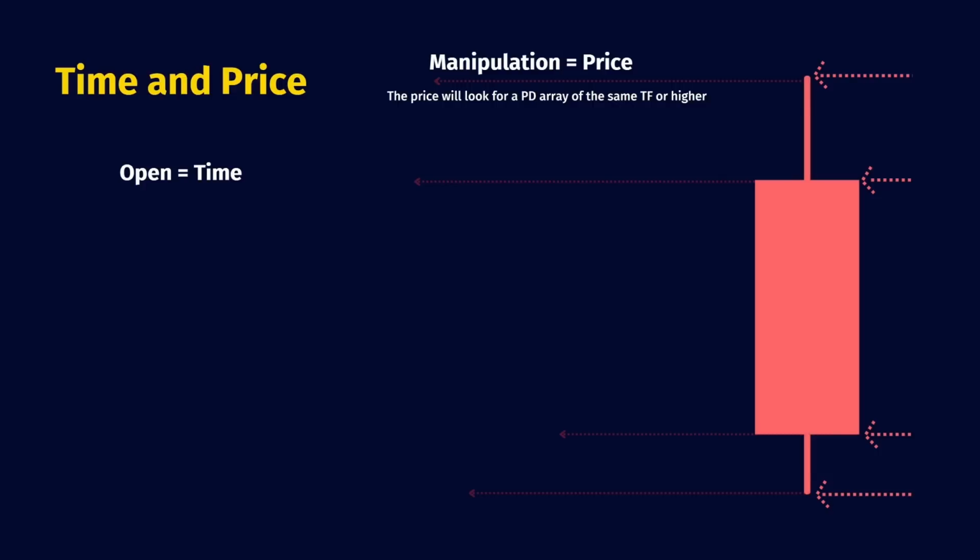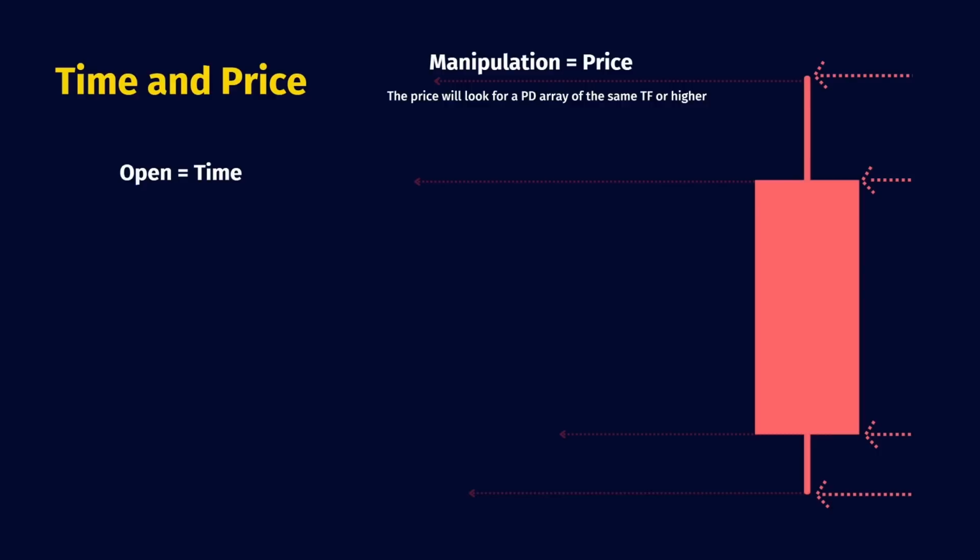Okay, at this moment, time and price are present in one candle, in one power of three. When you say time, it's the same as when you say the open, because every opening is at a specific time, a specific hour. So in every opening price, this is the time element. And when you say manipulation or distribution, you say price.